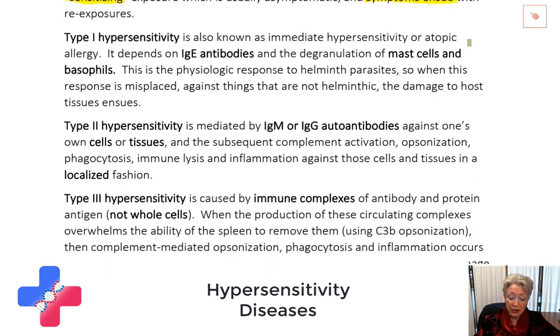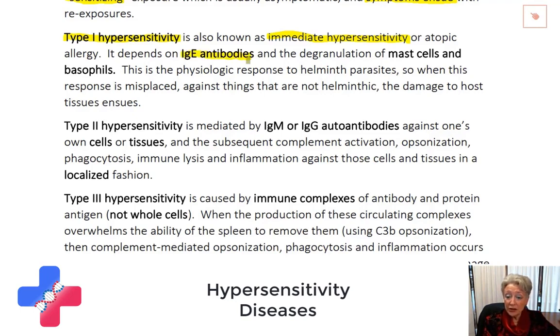Type 1 hypersensitivity is also known as immediate hypersensitivity or atopic allergy. Okay, this is the type of hypersensitivity that is really a misplaced anti-Godzilla response.